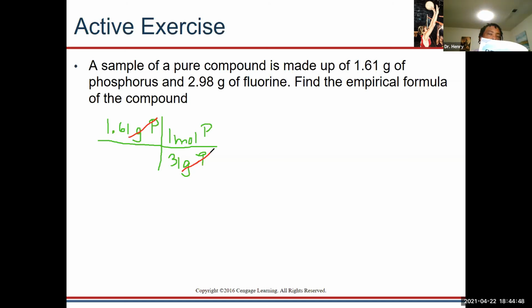Yes, just to make our calculations easier. Okay, so grams are going to cancel out and we're left with just moles. What do you guys get? Who's my calculator? Would it be 0.052?